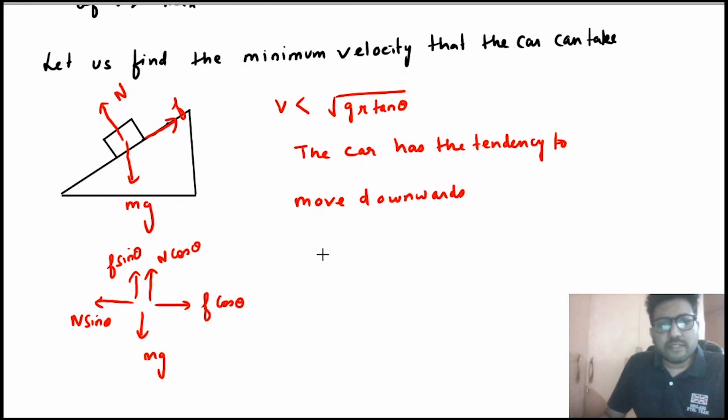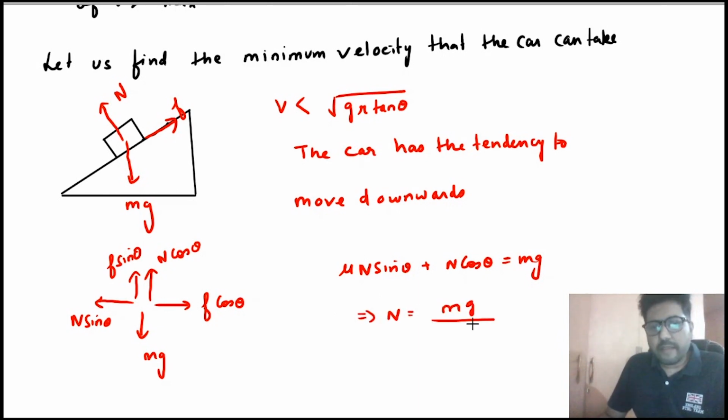So from this you will say, if you balance the forces along the vertical, because the circular motion is in the horizontal plane, so the vertical forces has to balance. So you will say mu n sin theta plus n cos theta is equal to mg. Again we will apply the limiting value of friction, because we want to find the limiting value of velocity. Okay, so from this you will get n is equal to mg upon cos theta plus mu sin theta.